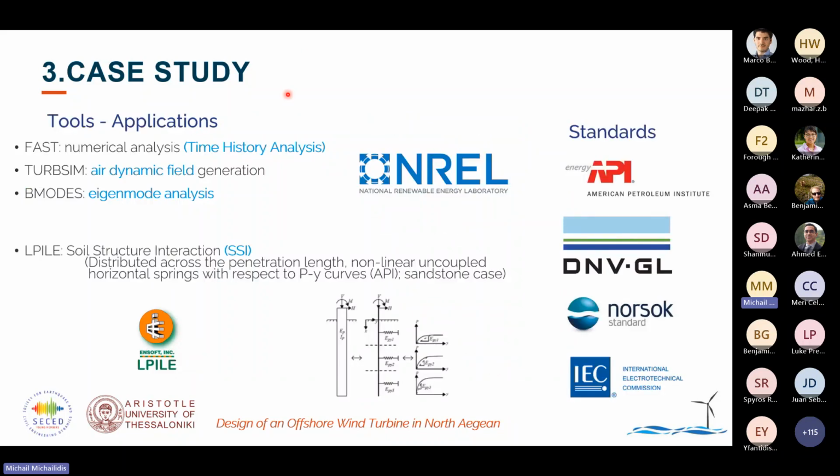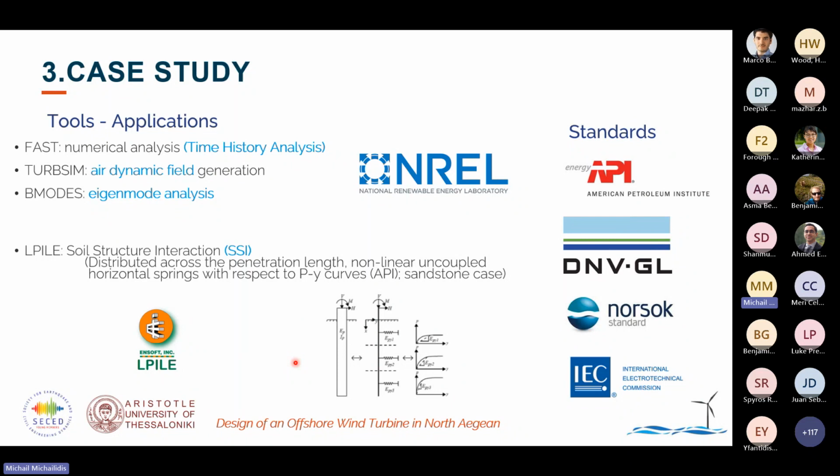And the tools that we are using for this design workflow are coming from the NREL, National Renewable Energy Laboratory. We're using the FAST code, which is based in Fortran, in order to conduct our numerical time history analysis, TurbSim for the generation of the aerodynamic field and BModes for the eigenmode analysis, LPILE for the soil structure interaction, utilizing distributed across the penetration length nonlinear uncoupled horizontal springs with respect to p-y curves, according to the API regulations.